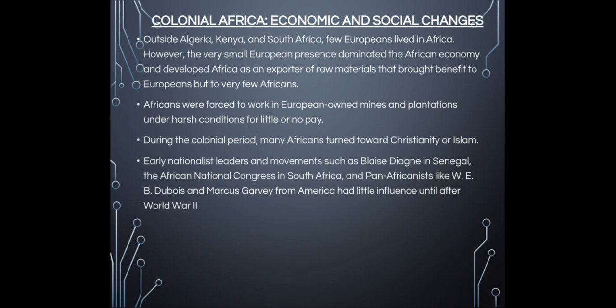The contrast between the liberal ideas imparted by Western education and the realities of racial discrimination under colonial rule contributed to the rise of nationalist movements. Early nationalist leaders and movements occurred in Senegal, in South Africa, and also from the U.S., where leaders like W.E.B. Du Bois had more influence after World War II.